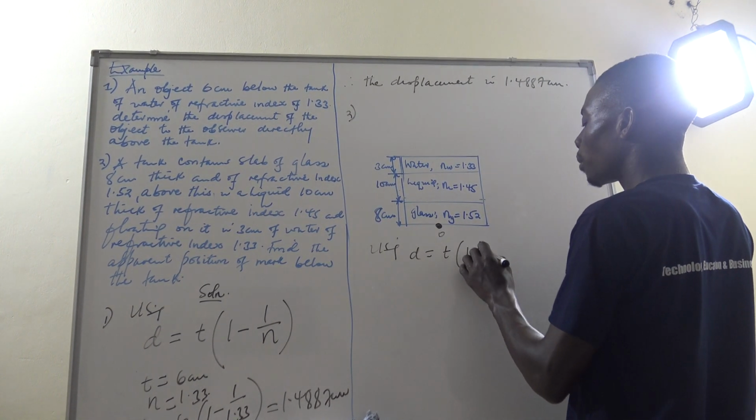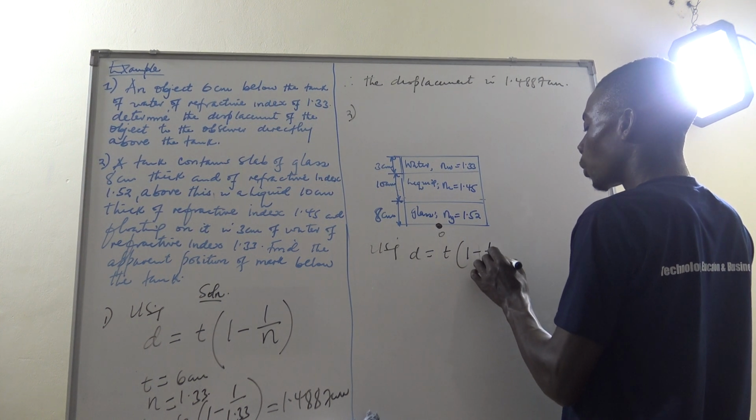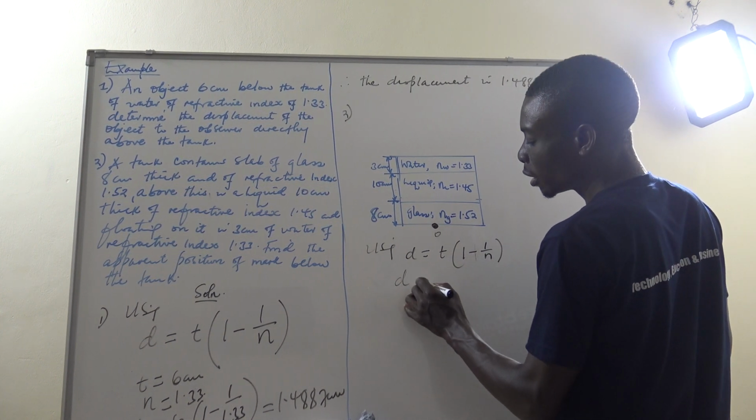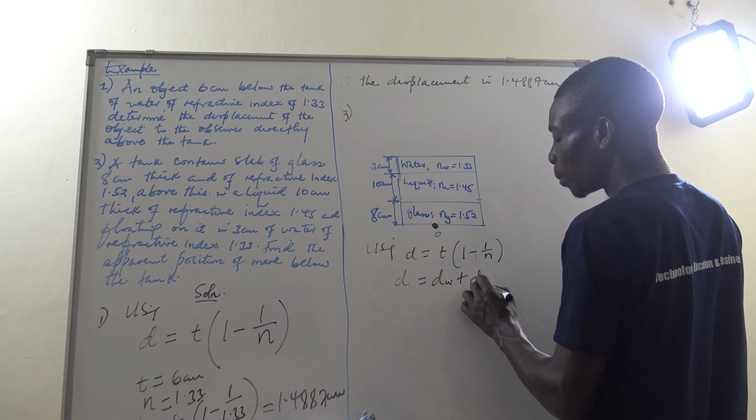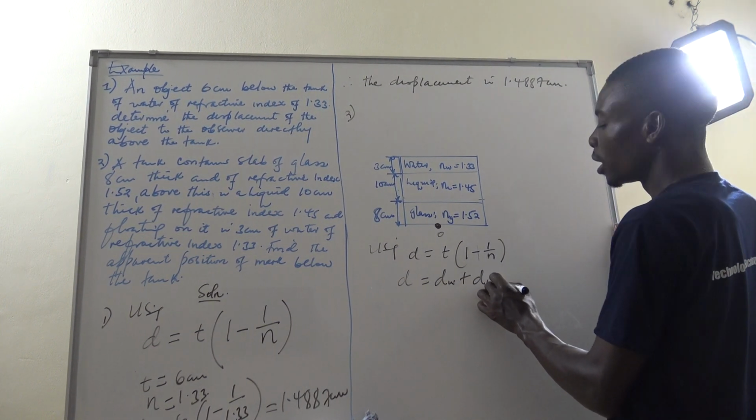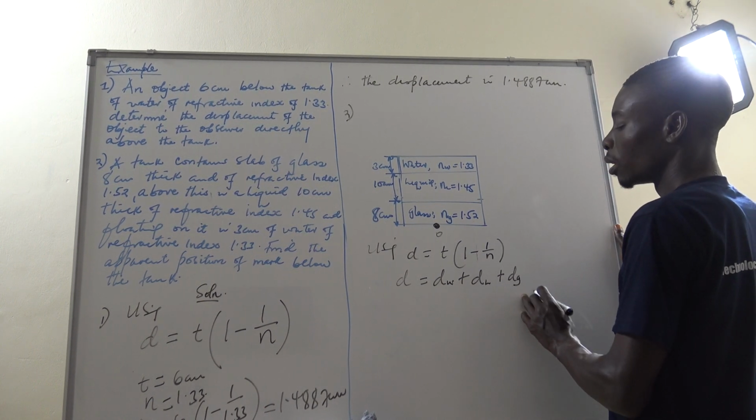Using displacement equals t into 1 minus 1 over n, the total displacement will be displacement due to water plus displacement due to the liquid plus displacement due to glass.